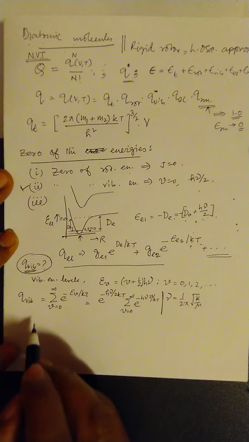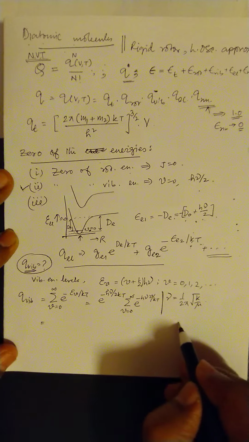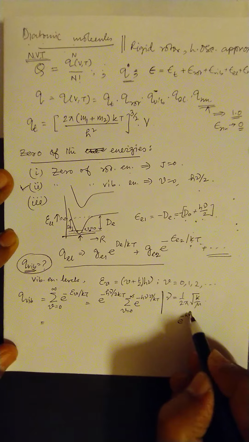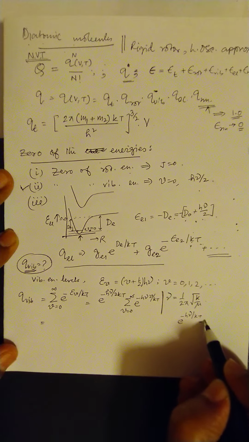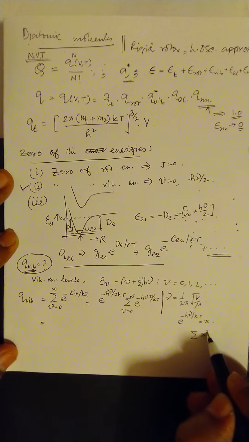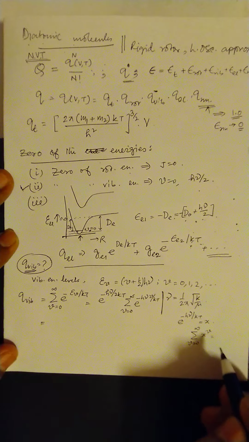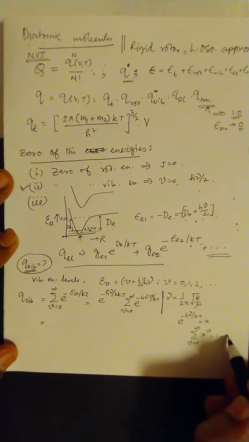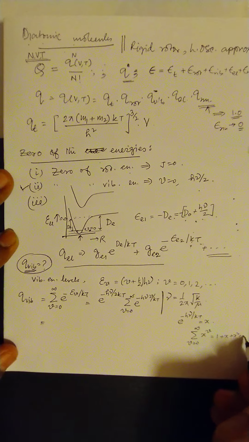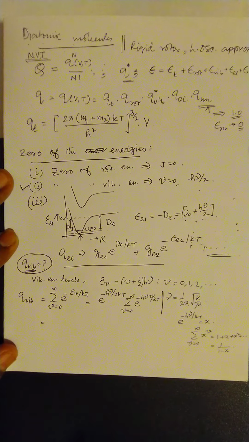Now suppose we consider e to the power minus h nu by kT as x. Then this summation is essentially x to the power v, v equals 0 to infinity, which equals 1 plus x plus x square and so on, and that can be written as 1 by 1 minus x.